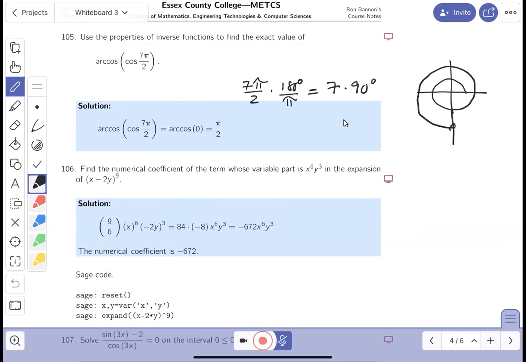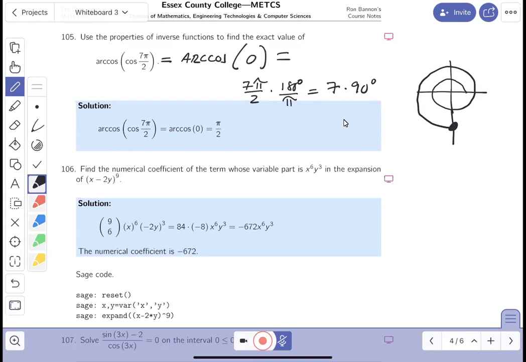I'm over here. All right, I'm over there. So I'm kind of hoping that I can evaluate the cosine of 7 pi over 2. All right. Now someone says, what is that? Well, that's coterminal with 270 degrees. And what's cosine of 270 degrees? You should know that, it's 0.